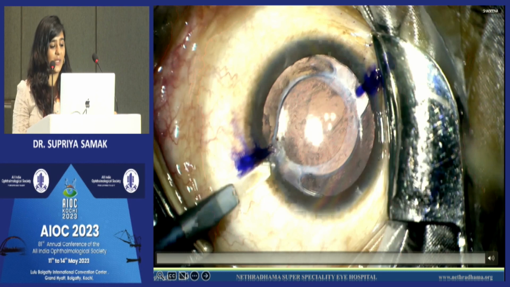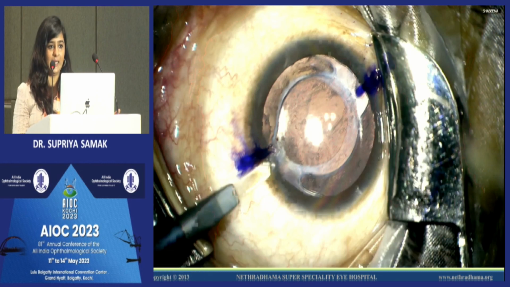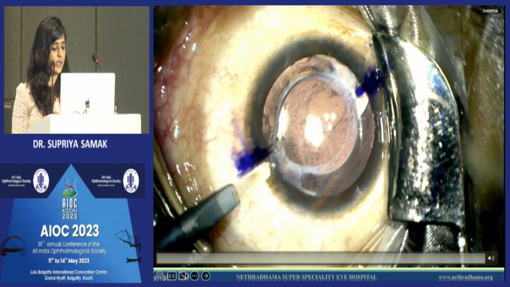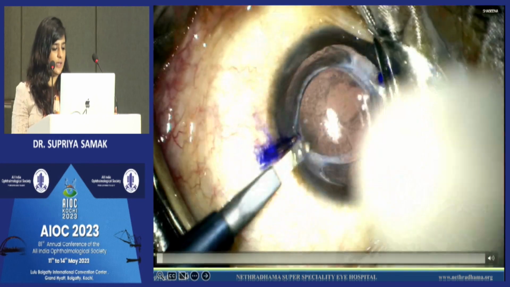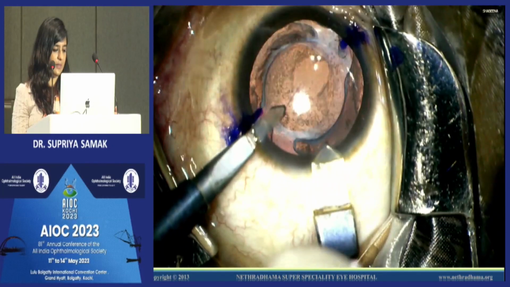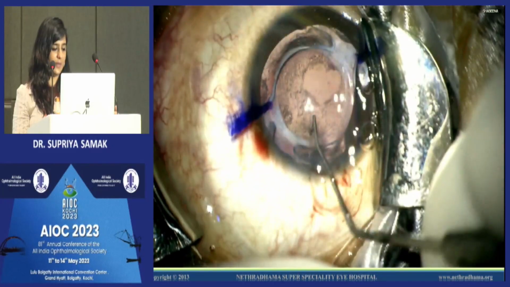This is actually a patient who underwent RK for high myopia, and after that underwent a refractive lens exchange, post which she developed a PCO. So you can see in this patient, first the IOL is separated from the bag.